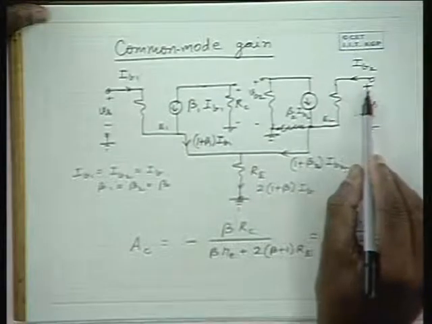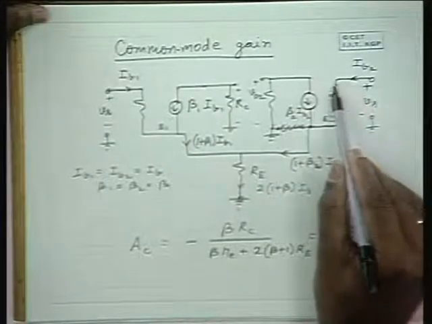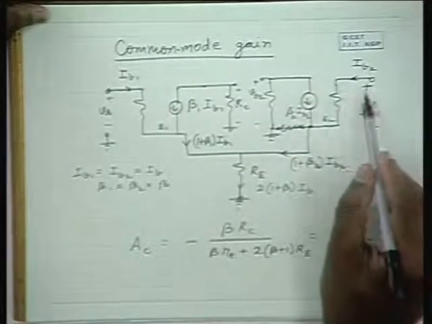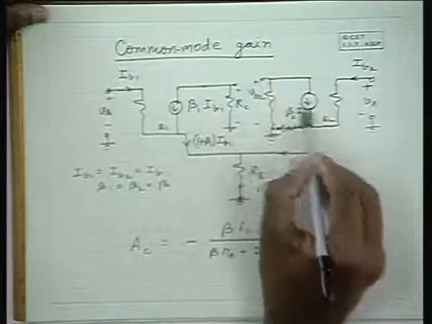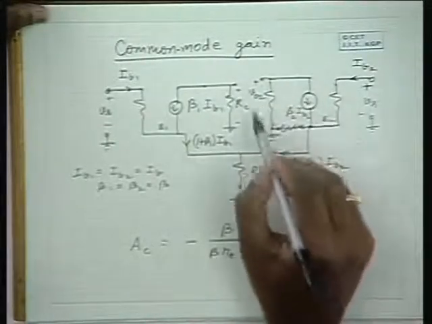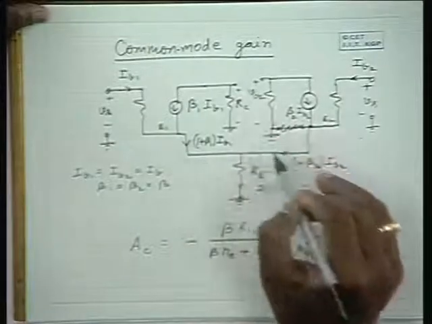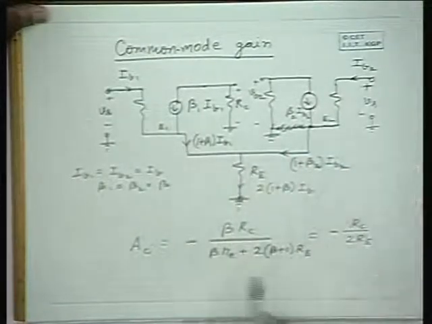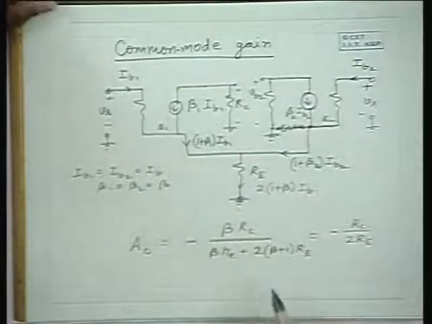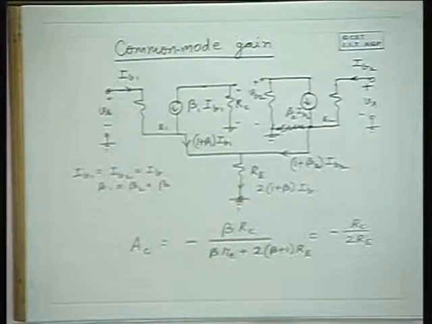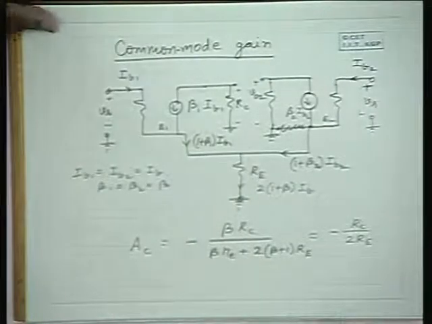With increased input signal, there would be increased voltage here, and with increased voltage, there would be an increased current here, and this current would flow through RC in the opposite direction, and for this reason VO2 will be of a negative sign. Hence, there is a negative sign here, and it is equal to minus beta RC by beta RE plus 2 into beta plus 1 into RE. So, this is the expression for the common mode gain, and as I mentioned, it is very small.